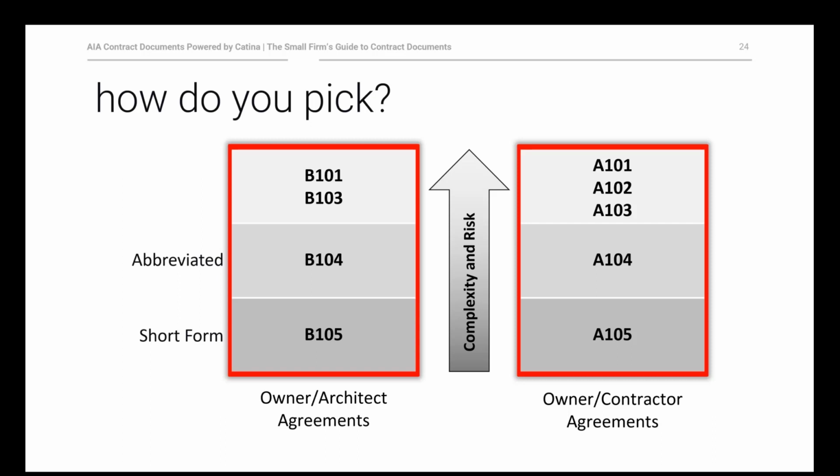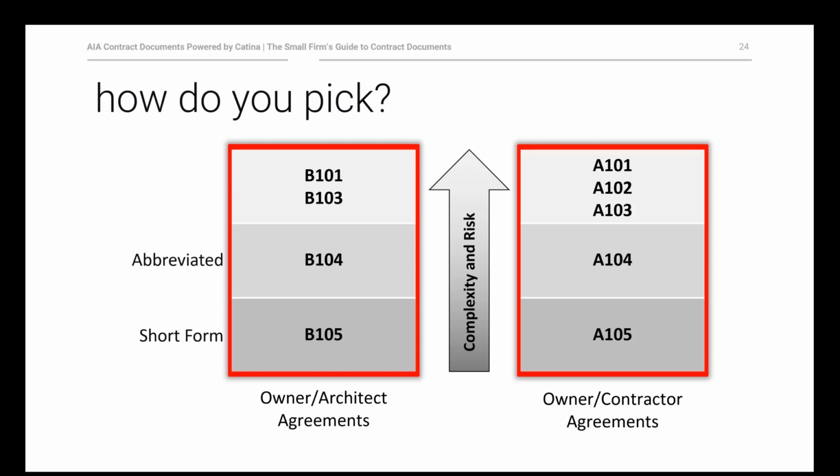And to some degree, complexity and risk is in the eyes of the beholder. There's no clear point of demarcation between how much risk or what level of complexity. It's something that the parties have to be comfortable with.